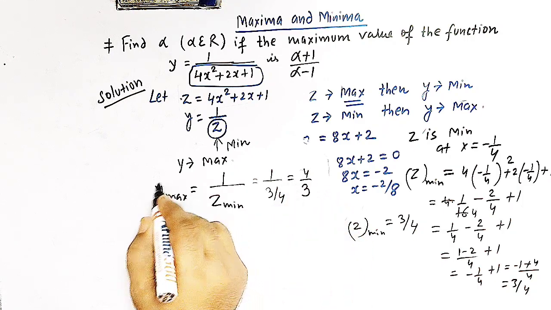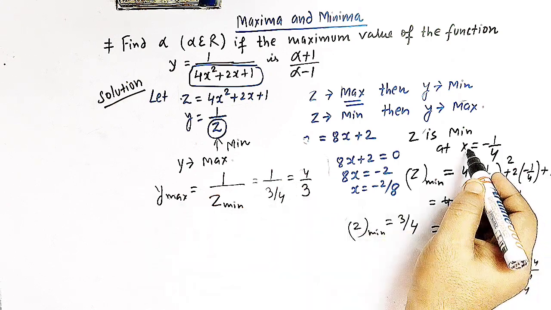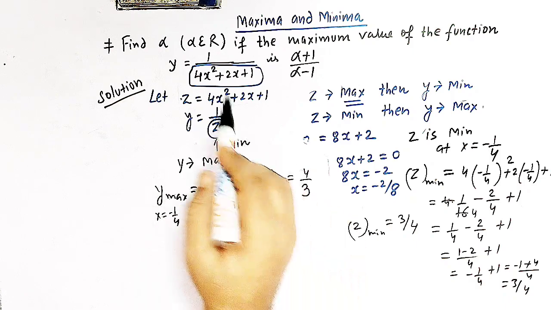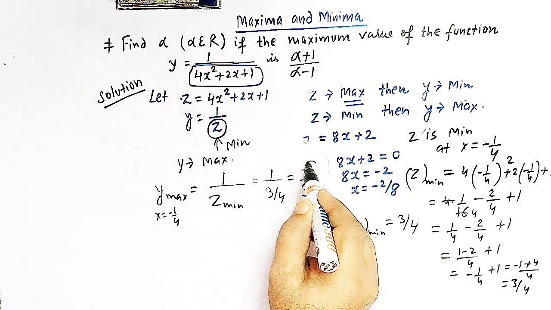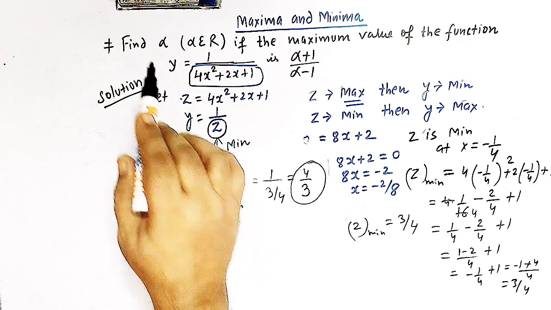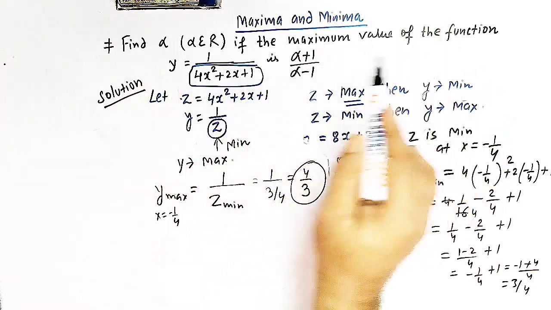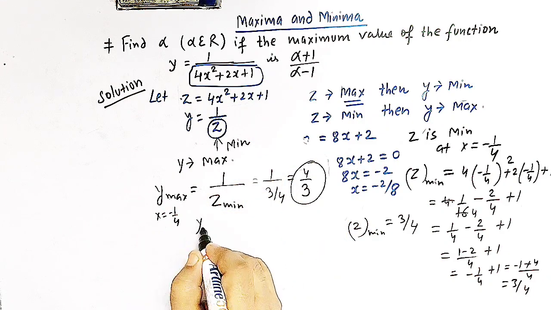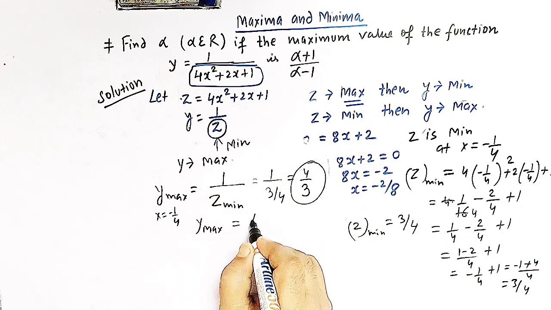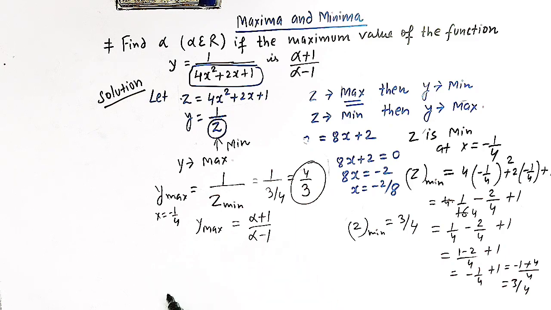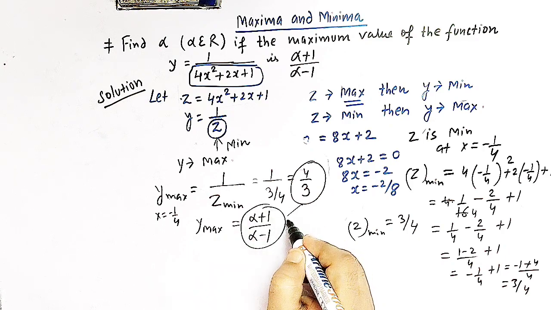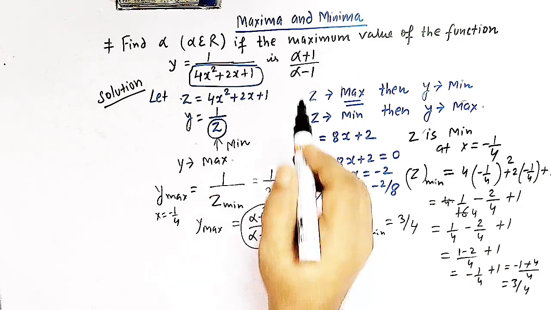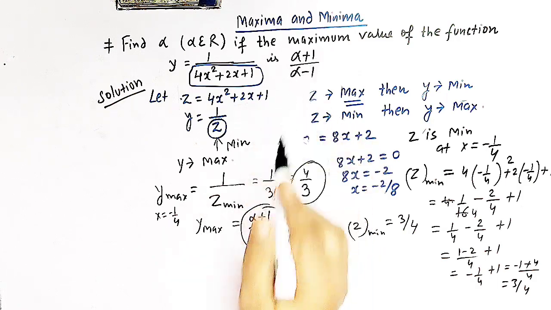So y is maximum at this point, that is x equal to -1/4, and the maximum value of y is equal to 4/3, right? And here we are given that the maximum value of this function is alpha plus 1 over alpha minus 1. So we are given y maximum is equal to alpha plus 1 over alpha minus 1.